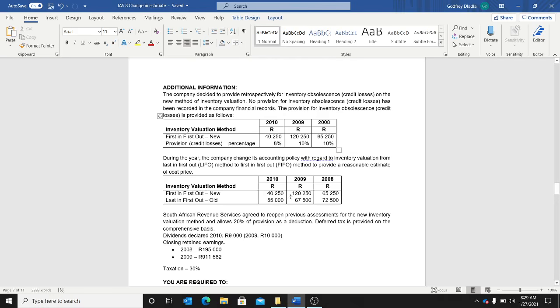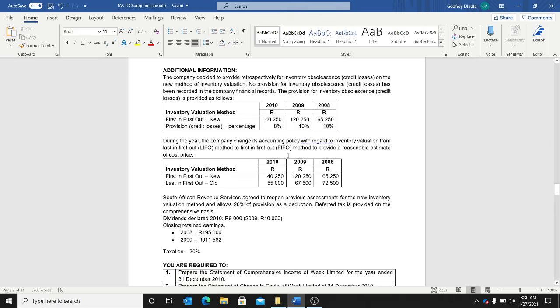I'm not going to deal with the change in accounting policy now because I've taught you that in the other exercise. When interrogating this question, you will go through the change in accounting policy. Right. Now, let's then go to this calculation here where I will explain to you how it affects the books.